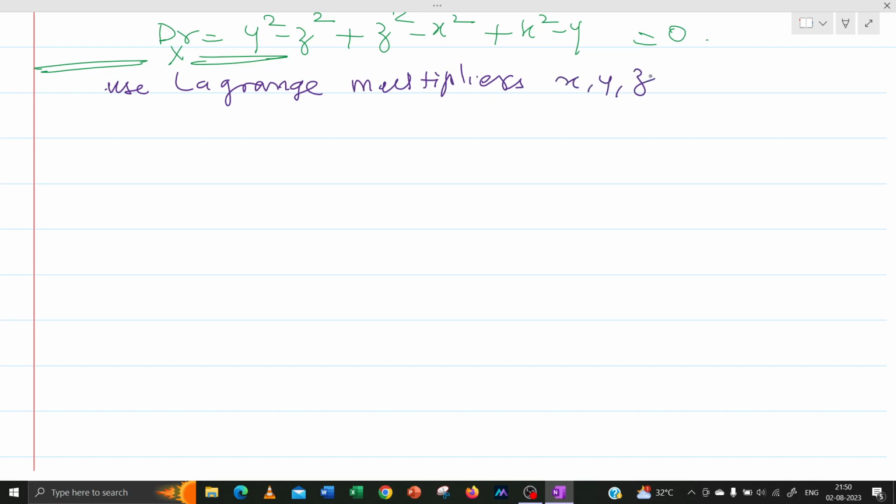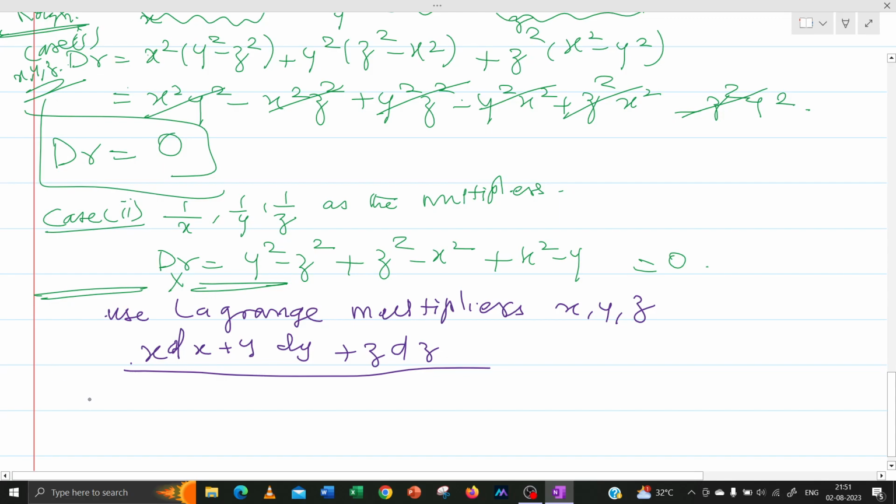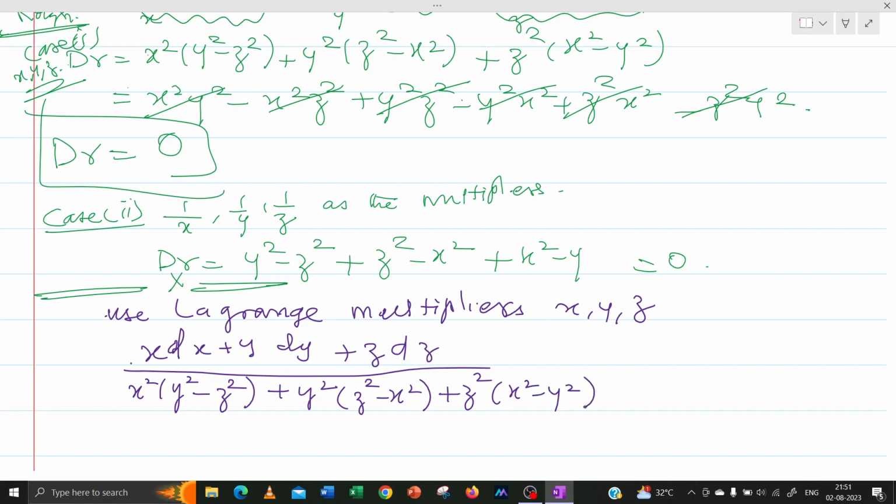In case you write x, y, z as the multiplier, we will get x dx plus y dy plus z dz divided by, as we did here, x square y square minus z square plus y square z square minus x square plus z square x square minus y square, whatever the denominator is, we copy here. So that is equal to some constant k.